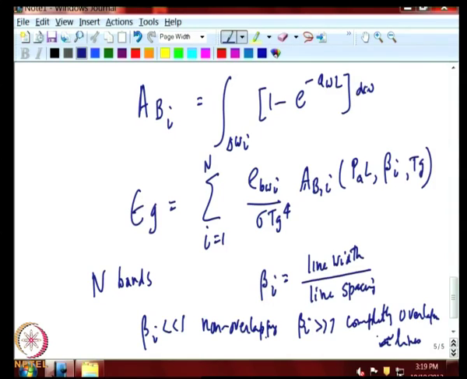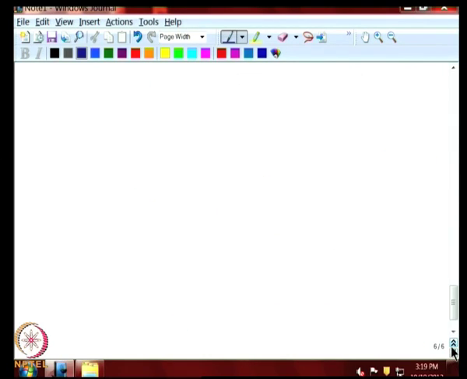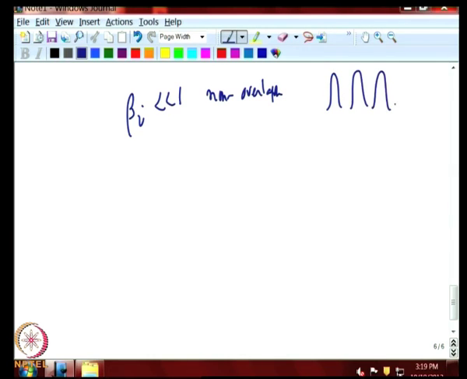In the other extreme here, when the lines are completely non-overlapping, the line spacing is a very important parameter. And so visually again let us highlight it. Beta_i much less than 1 is non-overlapping, and so there are lines which are individual and separate.